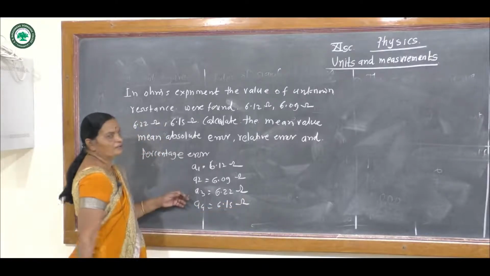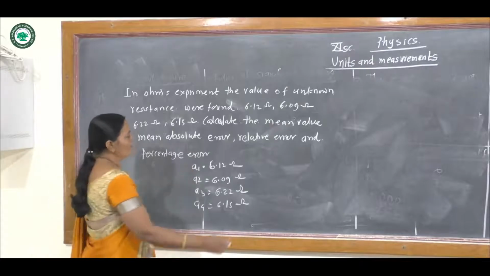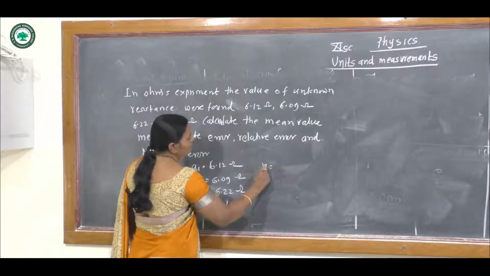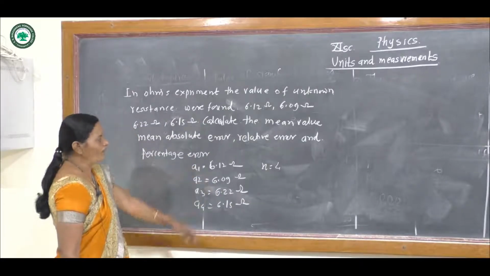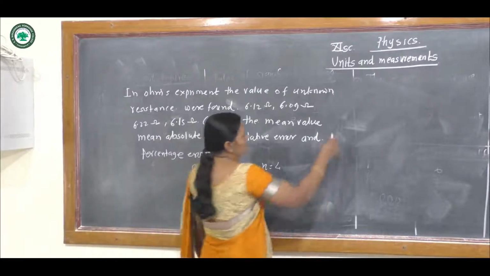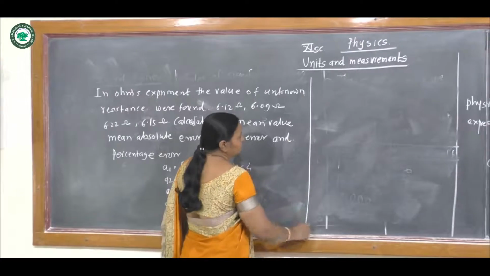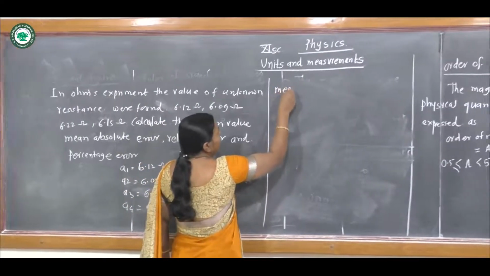These are the 4 readings. Therefore, the number of readings is 4. We find the mean value first.